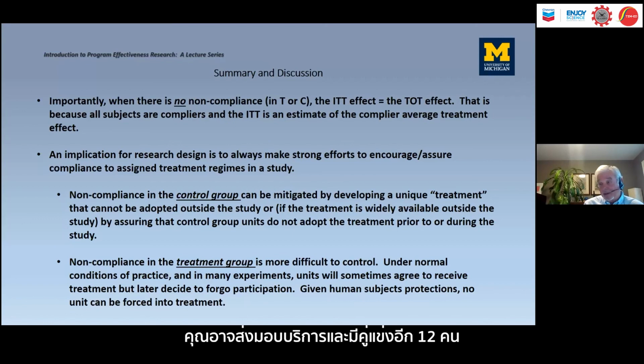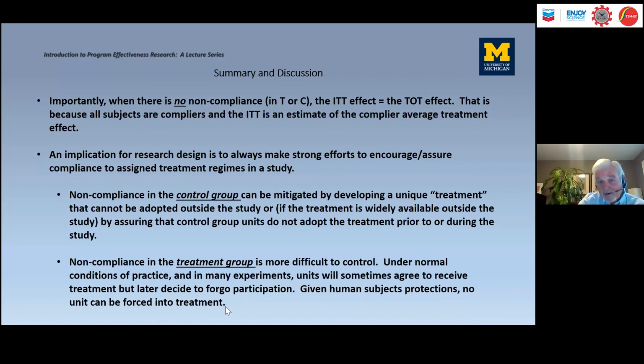That is, you could be delivering services and there are 12 other competitors who are delivering the exact same services. So that's the uniqueness problem. How different is the set of services you deliver from the set of services that somebody in the natural world might be accessing? Because that'll drive compliance over in the control group.